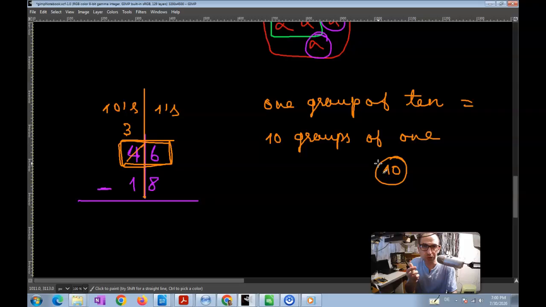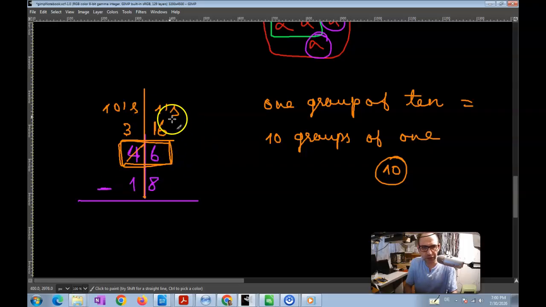I have to do something with that, and so I will add this 10 to this ones place value. So I will bring it over here, and I'll add it to the ones place value. In the ones place value, what do I have? I have 6 loose ones, and I have 10 loose ones over here. So 10 plus 6 is equal to 16 loose ones, right?